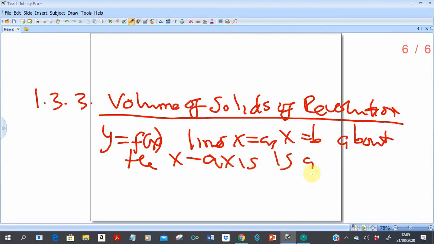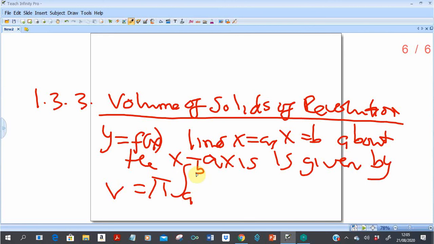It's given by, so here our volume is just given by pi multiplied by the integral of a comma b y squared dx.